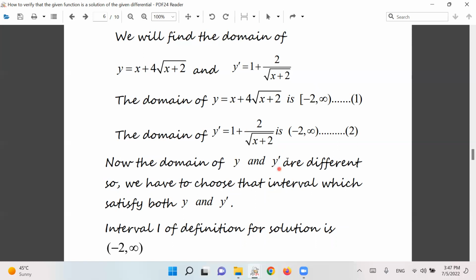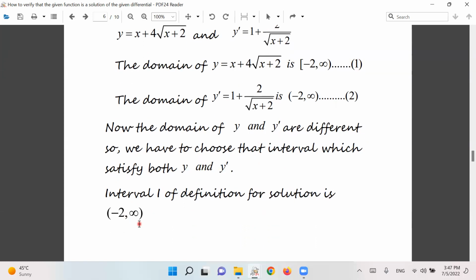So this means that -2 to infinity satisfies both the functions, y also, y dash also. So this means the interval of definition for the solution is -2 to infinity. Why are we not putting -2 as a closed interval? Because if we put here -2 value, then we will get an undefined function.